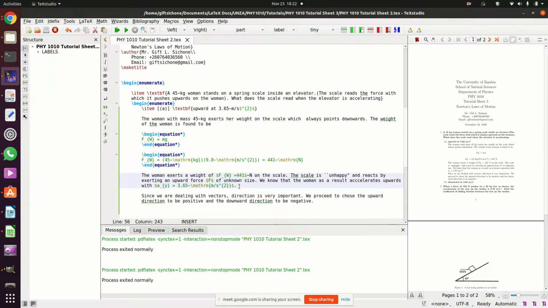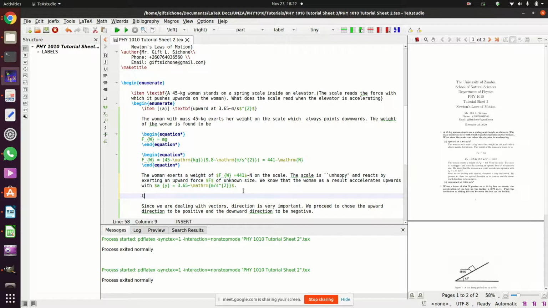The next bit is we identify which forces are pointing upwards, hence they're going to be positive, and which forces are pointing downwards, hence negative. The weight of the woman points downwards, hence is designated as a negative force.